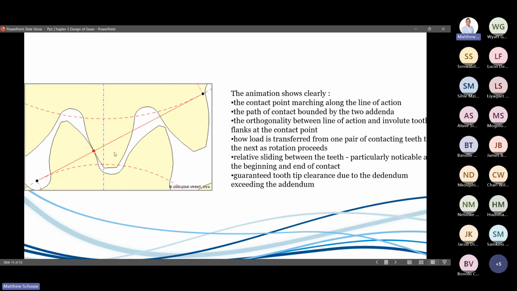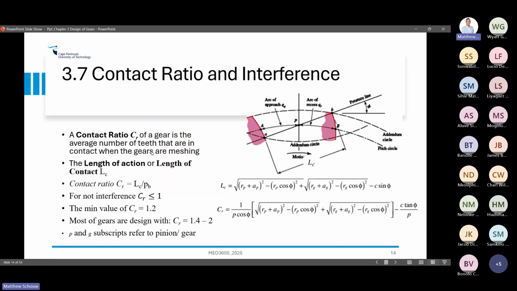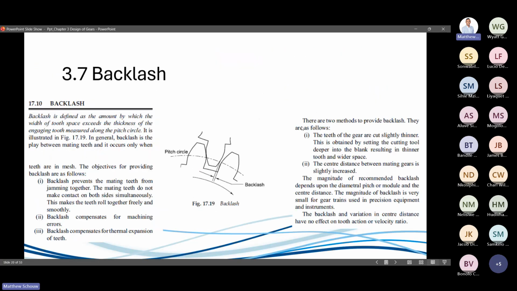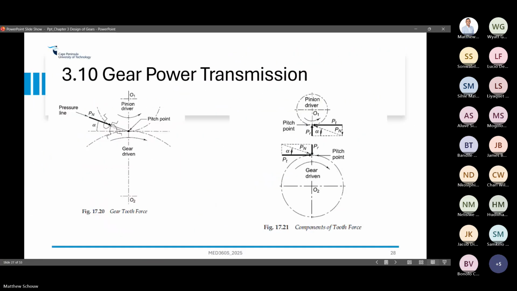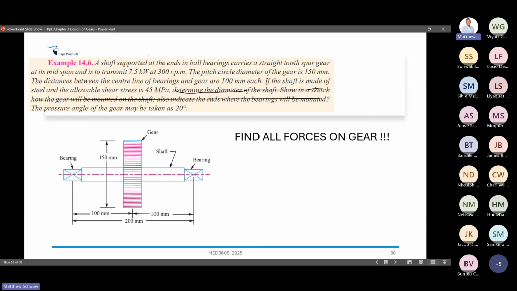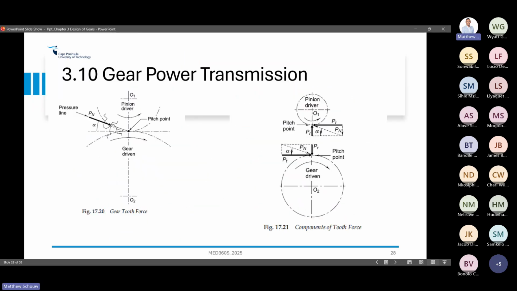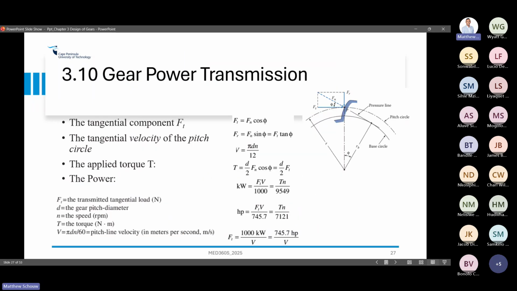If you isolate that point, that pitch point, just there, that is where the forces come from. And we have three forces essentially, or two forces on the gear and its respective resultant. And in this case, it's your tangential and your radial force.